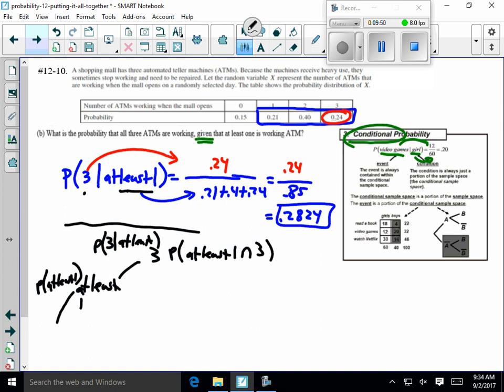Multiplying together. So the and formula says we multiply, right? The probability of at least 1 and 3 is the probability of at least 1 times the probability of 3 given that at least 1 works.